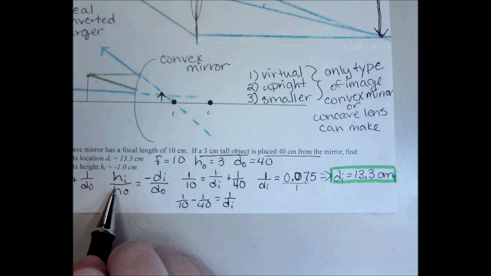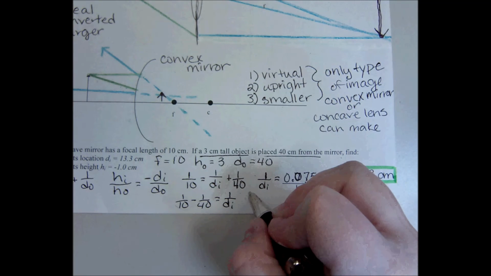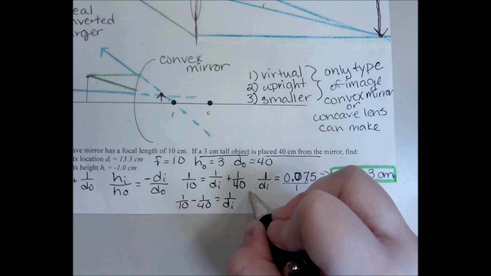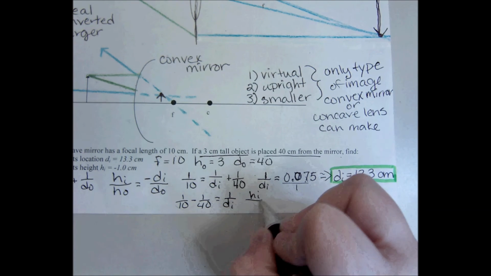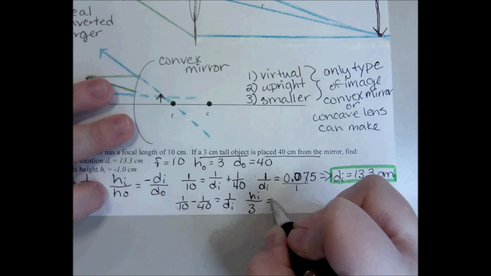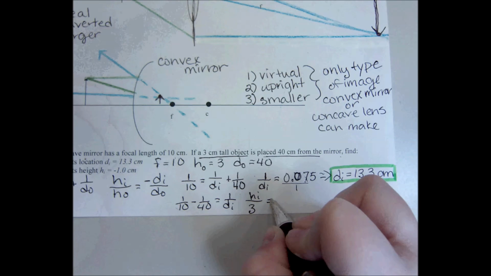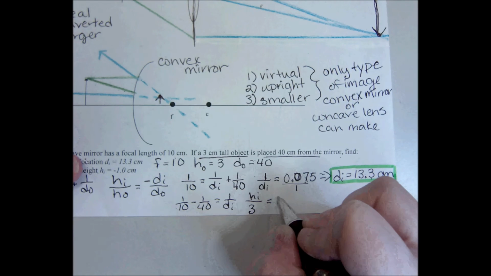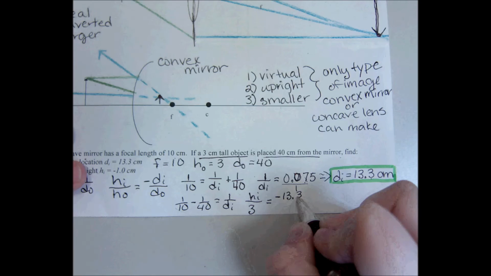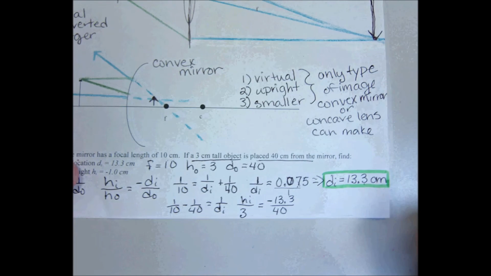Now we have to plug back into this formula. So we have hi equals ho, which is 3, and then this is negative 13.3 over 40.